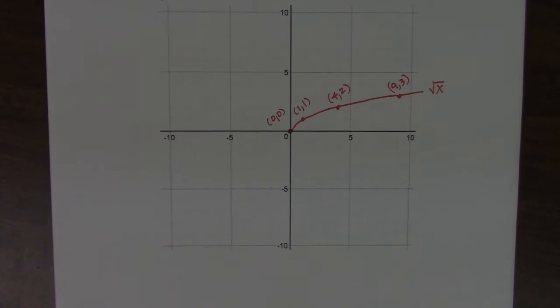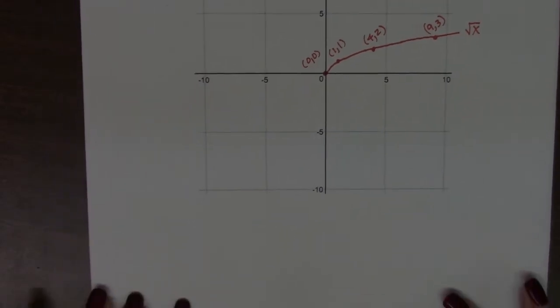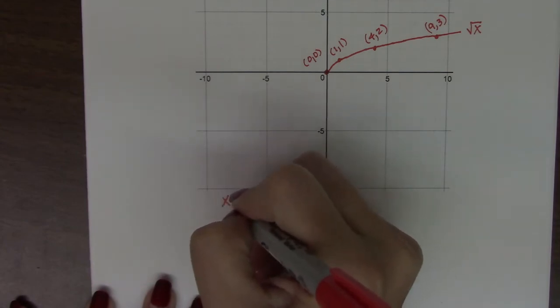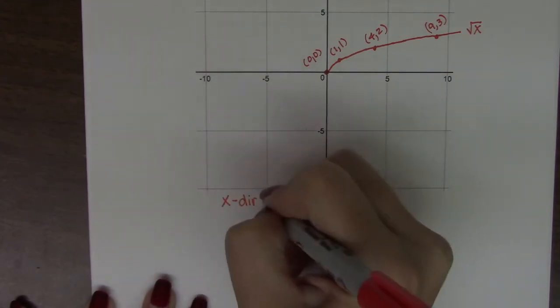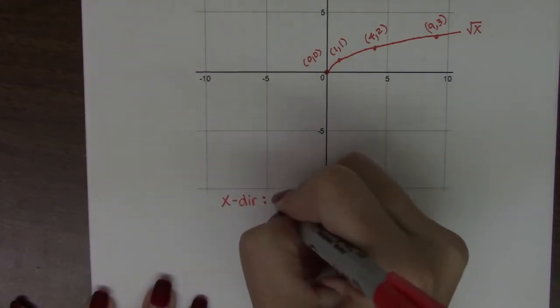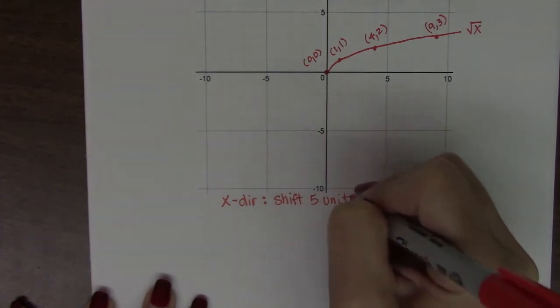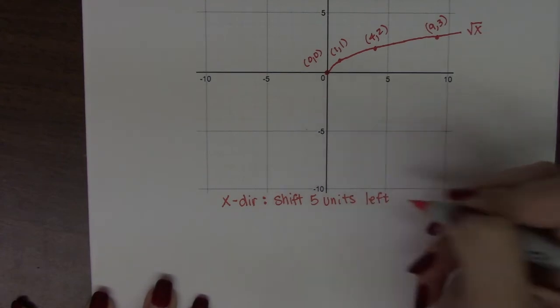So if I look at my set of instructions, the only thing that happened to the inside of the function, or in the x direction, was we shifted the graph 5 units left.